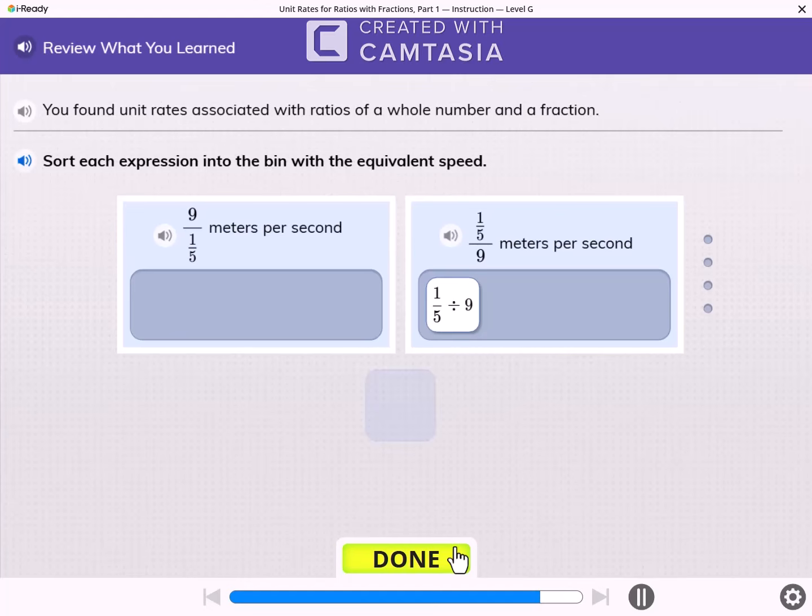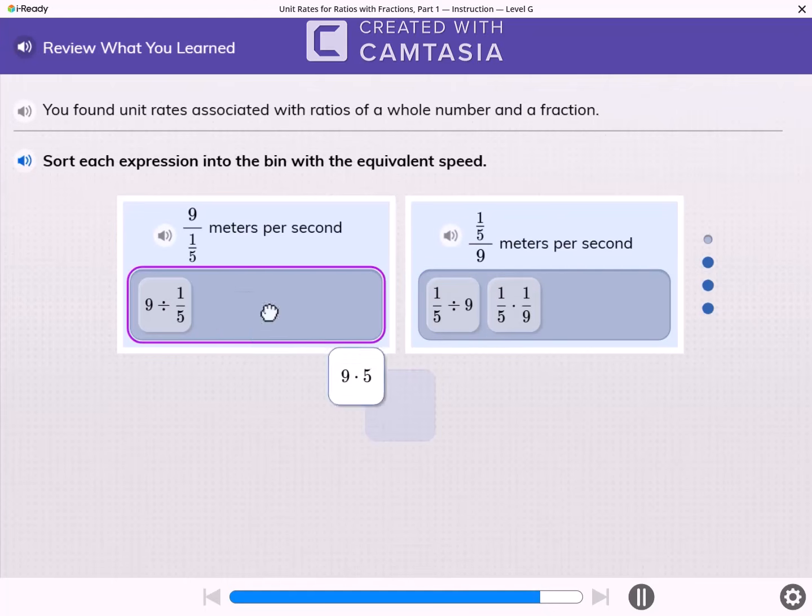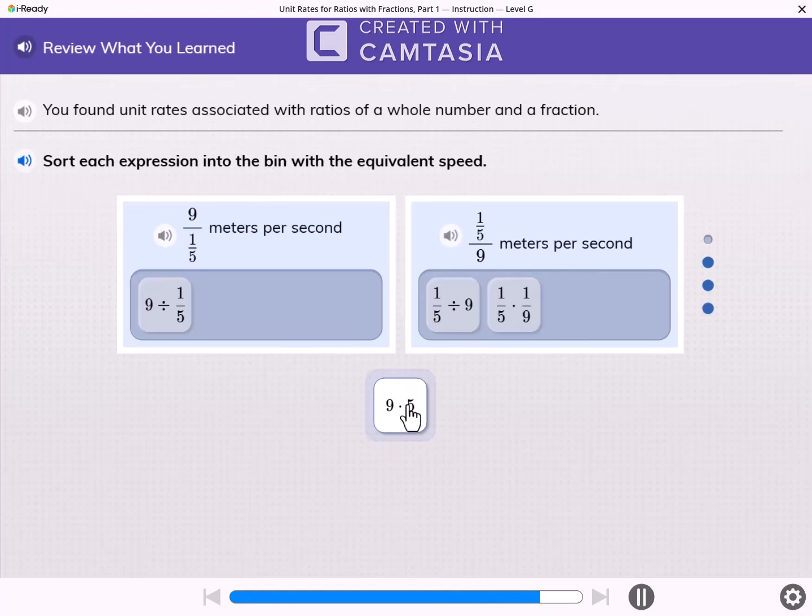That is equal. 9 divided by 1/5 is the opposite. 1/5 times 1/9 is this one. 9 times 5. Well, it's probably this one.